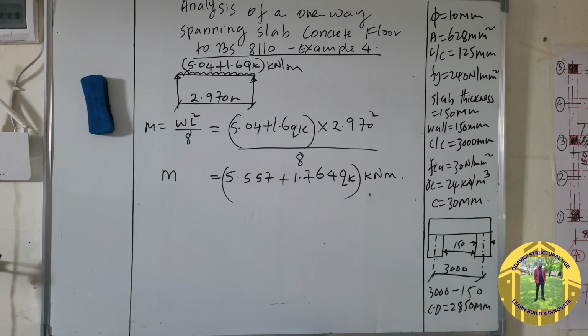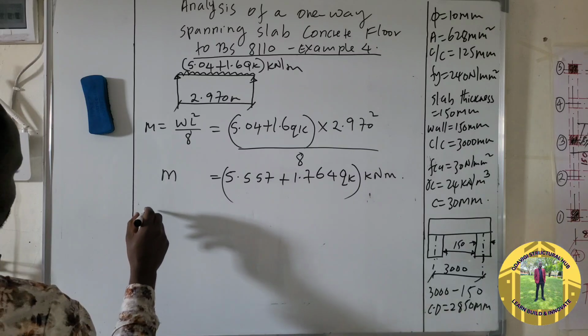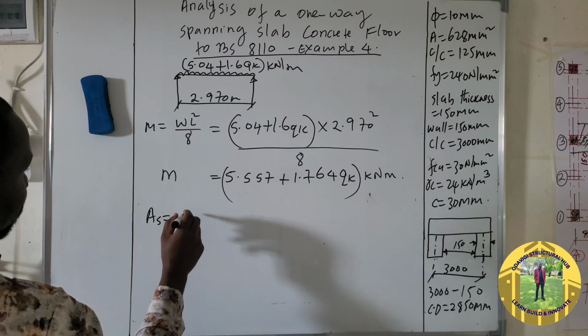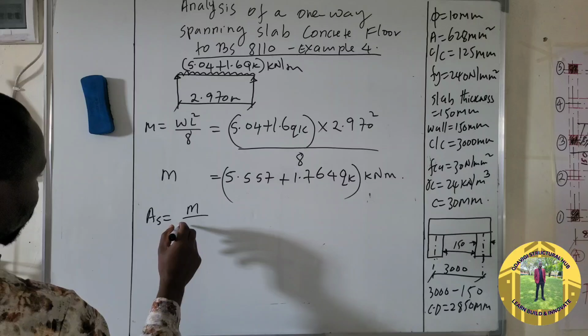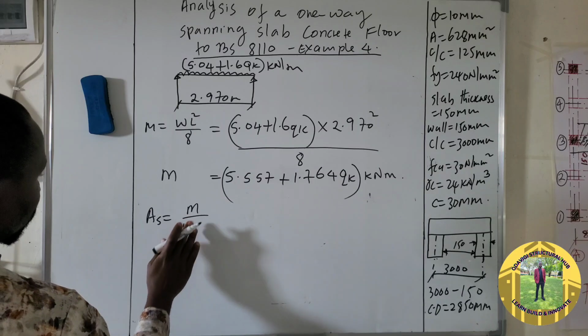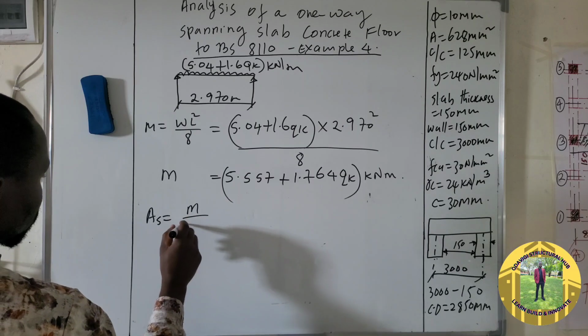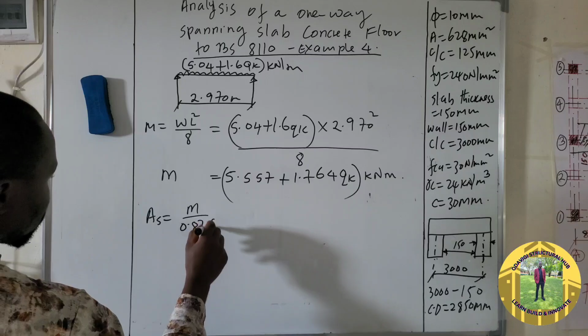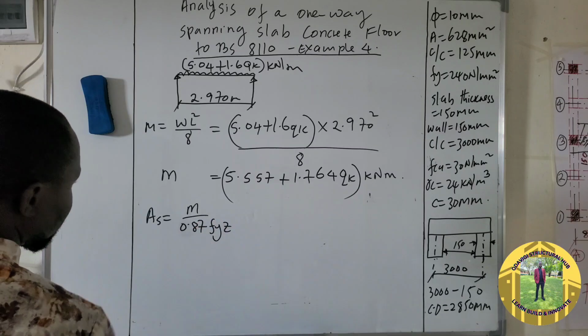After doing so, the next thing to do is to write the formula for area of steel. So you know that the area of steel is given by M over 0.87 FYZ.